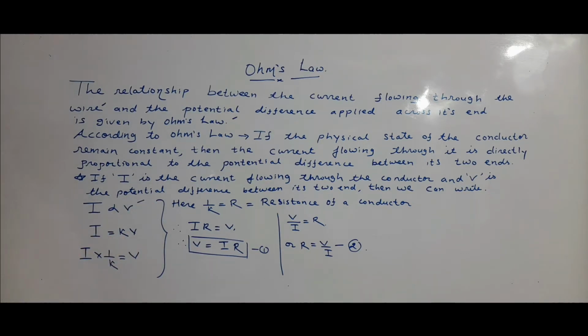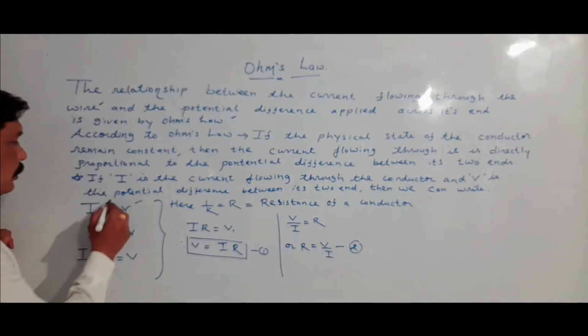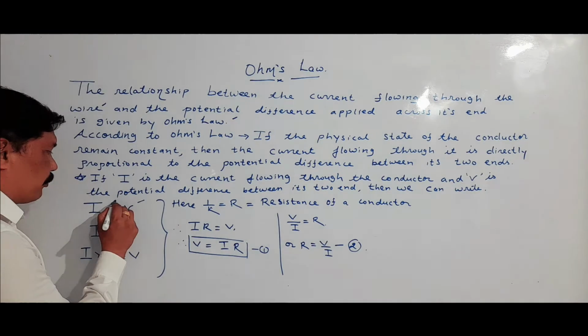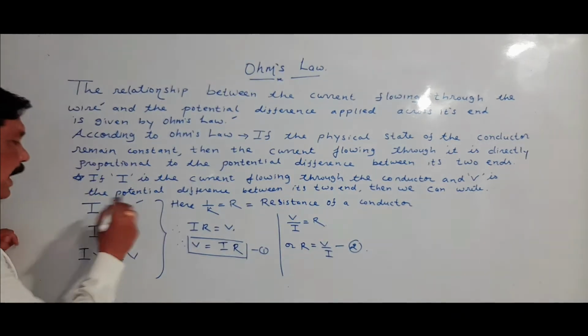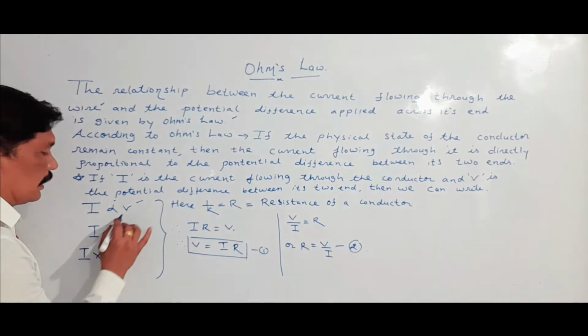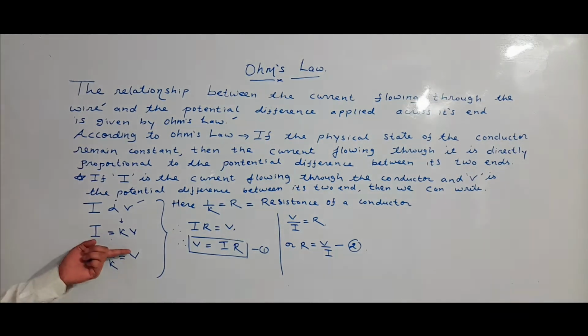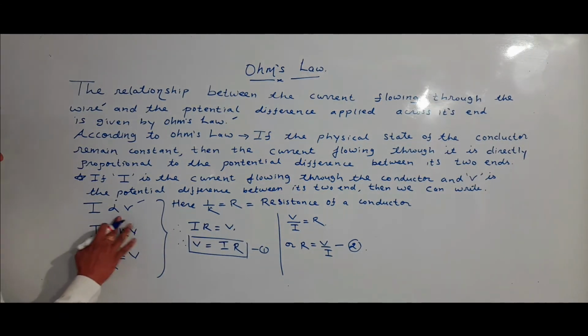My dear student, we know that whenever we remove the sign of proportionality, then we put an equal to sign and write a constant. So here also we have taken constant k.